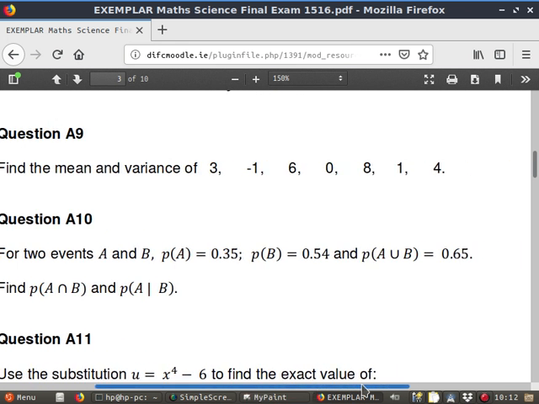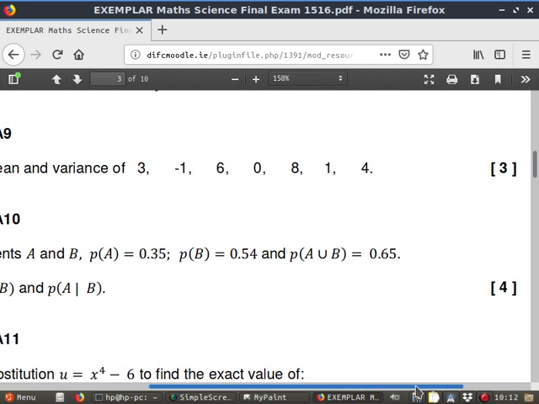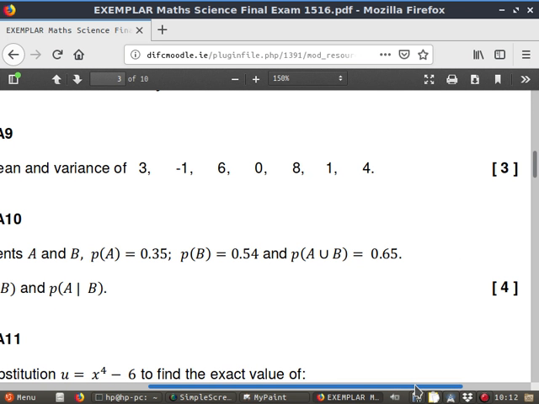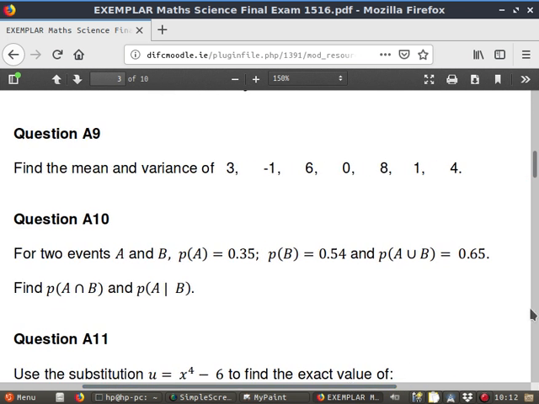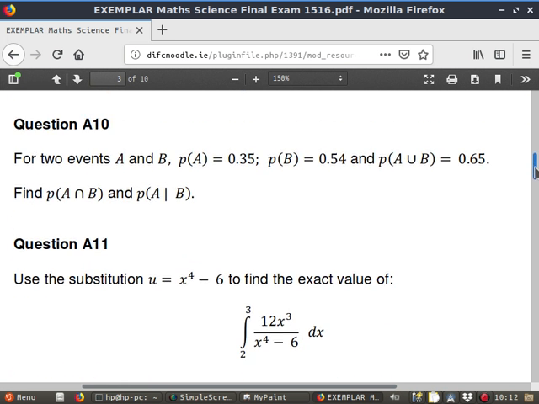Okay. So this is 4 marks, which means it should take you 4 minutes to do this A10. So I'm going to give you 4 minutes to try it. Hopefully you'll get it fully right. Okay, so you got 4 minutes.